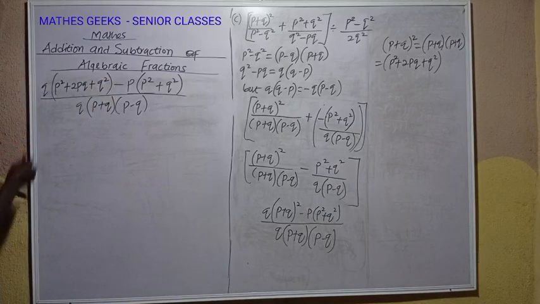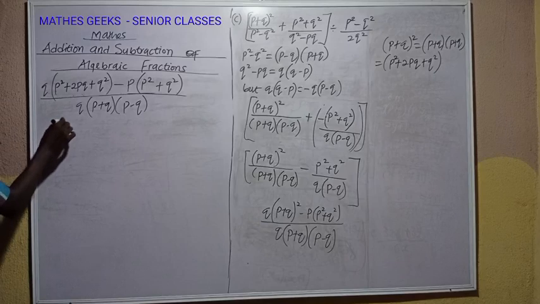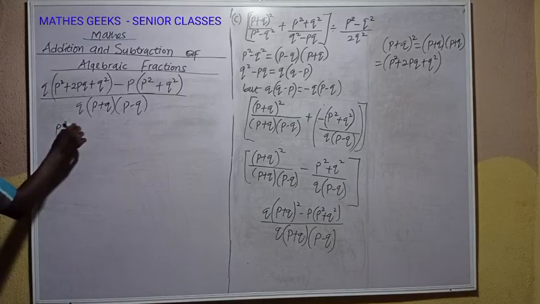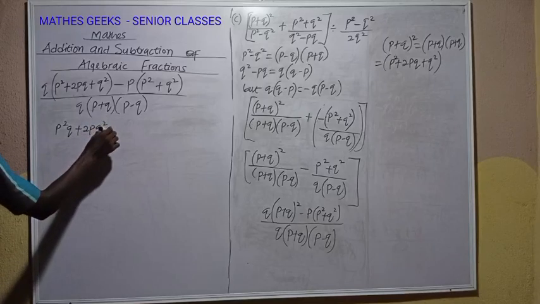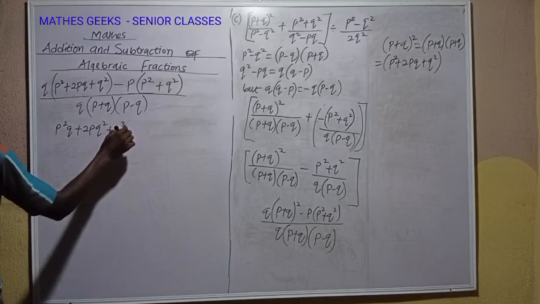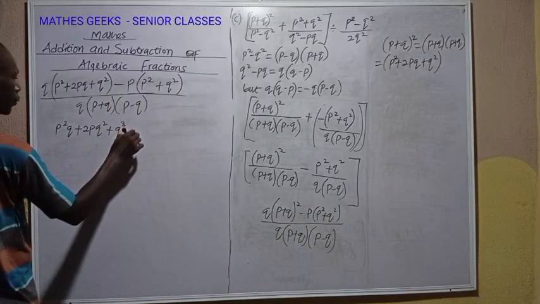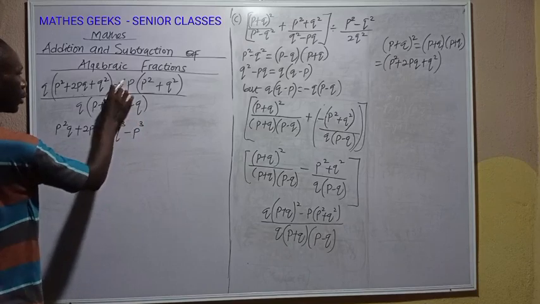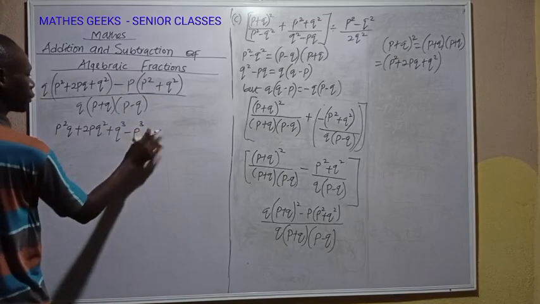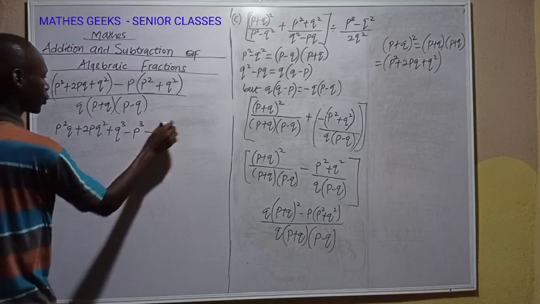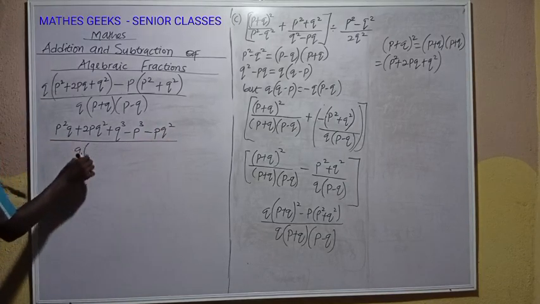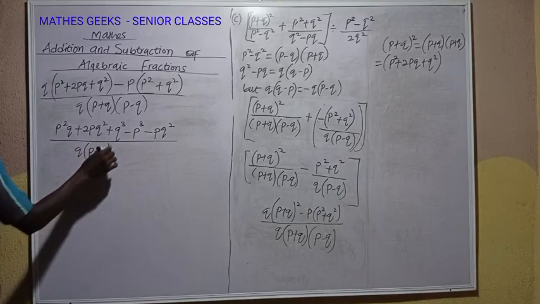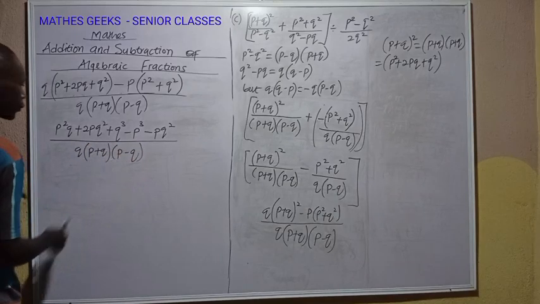So let's open our brackets. q times p squared will give us p squared q plus 2pq squared plus q raised to power 3, minus p times this will give us minus p raised to power 3 minus pq squared, over q(p plus q)(p minus q).